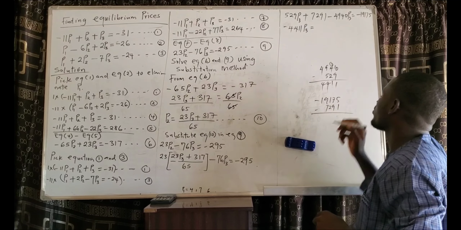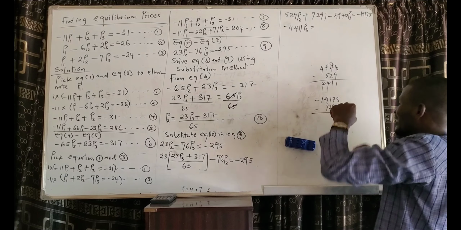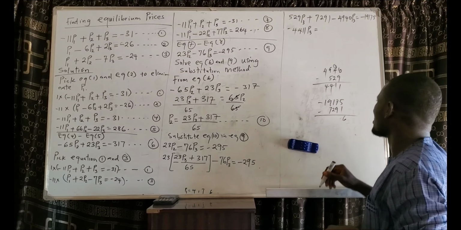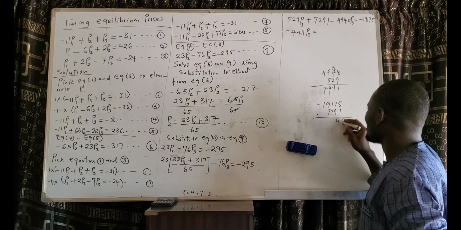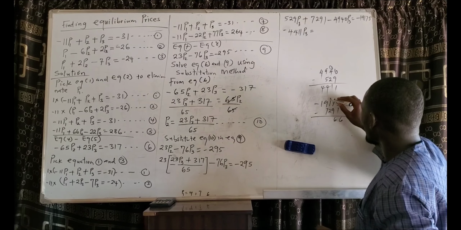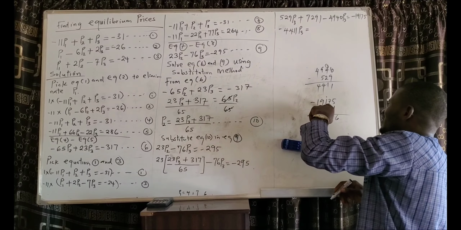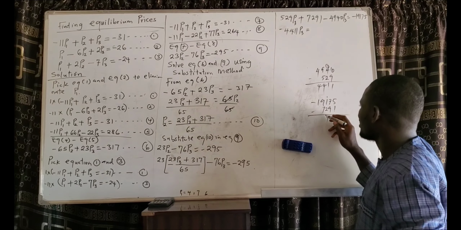Then 5 plus 1 is 6. 9 plus 7 is 16. Right? 6 carry 1. Put the 1 here, making 2 plus 2, 4. 9 plus 7, 16.